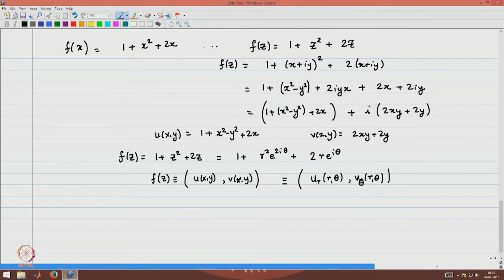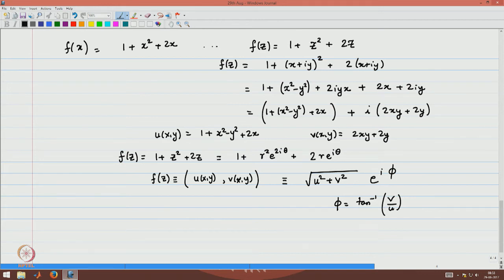Or I will write this in the following way: as square root of u square plus v square times e to the I phi, where phi is equal to tan inverse v by u. So, I can write this also in polar coordinates.